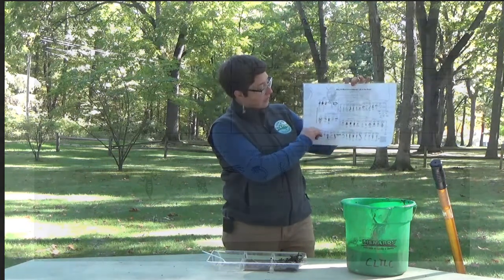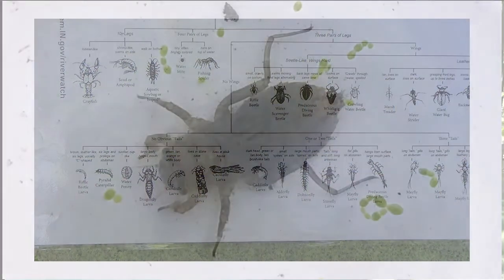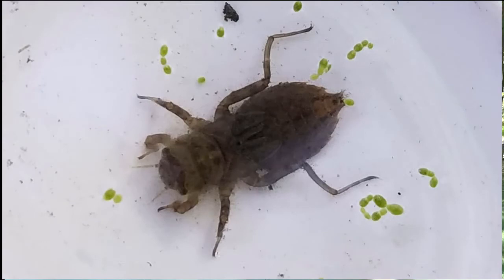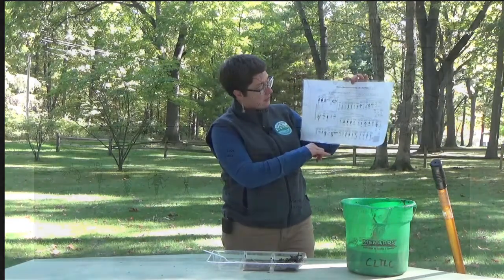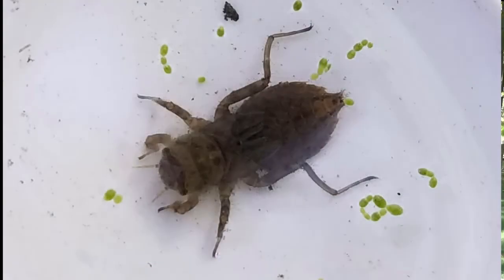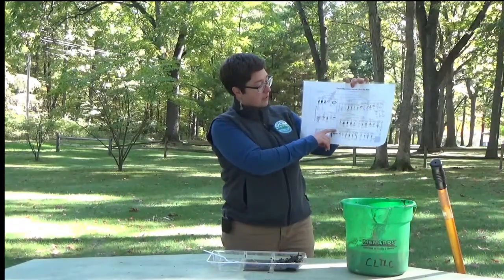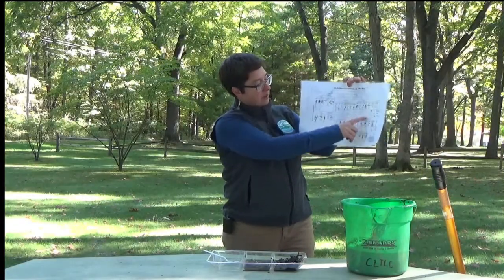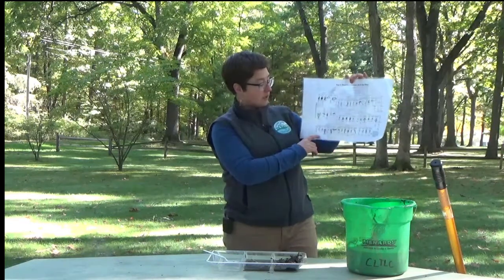So we come down, does it have 10 pairs of legs, 4 pairs of legs, or 3 pairs of legs? If you answered 3 pairs of legs, you are correct. Now, does it have wings or no wings? In this case, no wings. So with a few questions, we were able to eliminate all of these possible options, and now we just have one more series of questions to go.